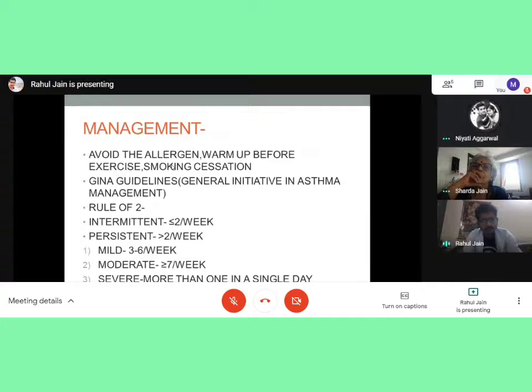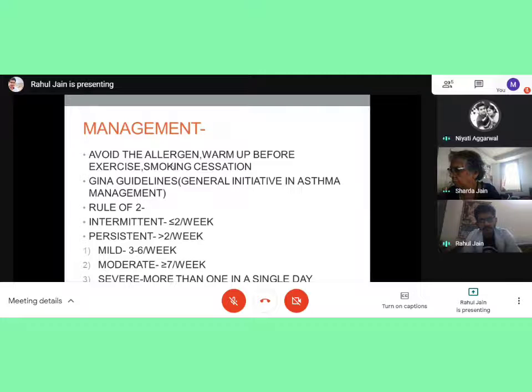Since the asthma has already gone to the persistent stage, I would like to start them on inhaled corticosteroids. The reason is I want to stop the progression. All right. Now the most commonly used inhaled corticosteroids. First of all, the benefit of inhaled corticosteroids is that they are locally acting.